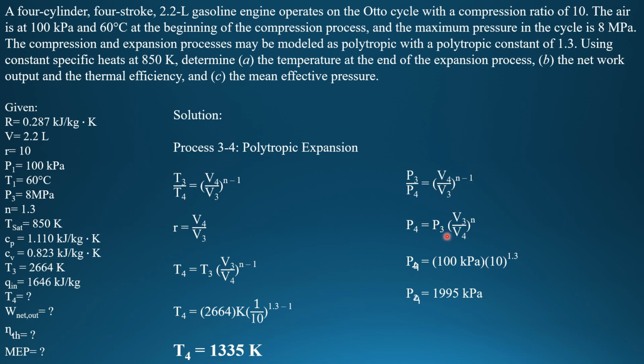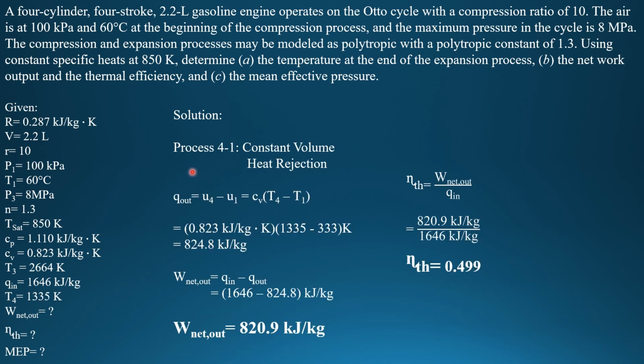And again, we reciprocate these equations, and we come up with P4 is equal to P3 times V3 over V4 raised to n. So we'll be plugging in our values. We have 100 kilopascal times 10 raised to 1.3, and we have this pressure at state 4 that is equal to 1995 kilopascal.